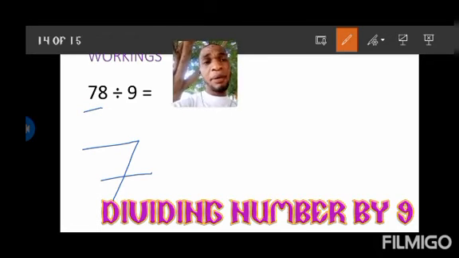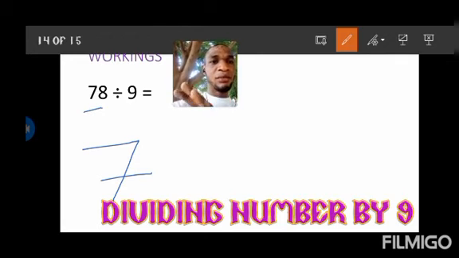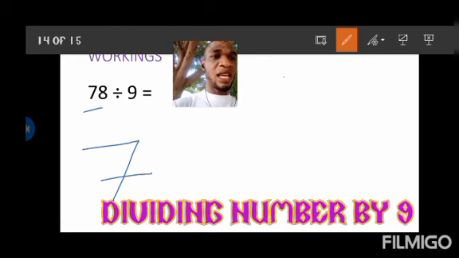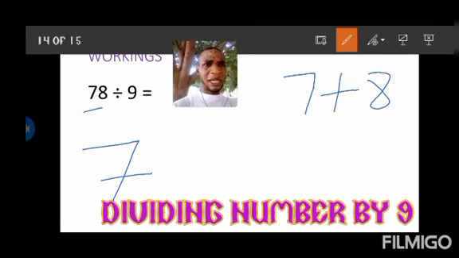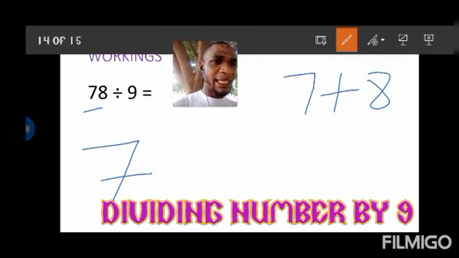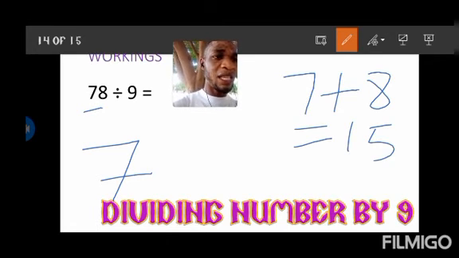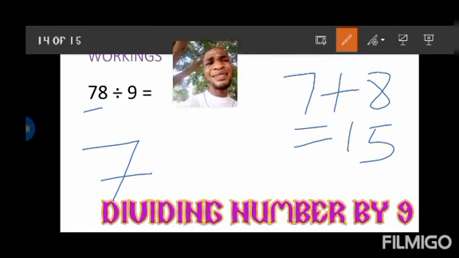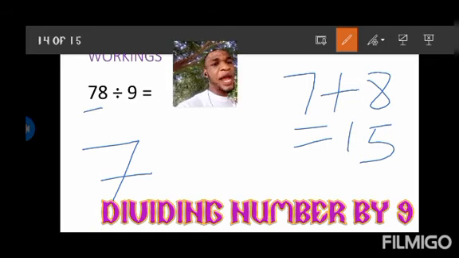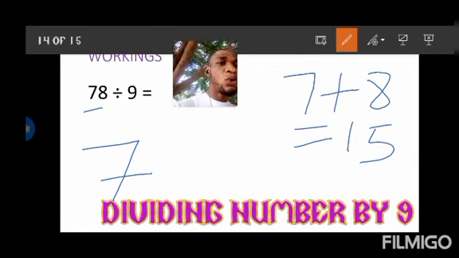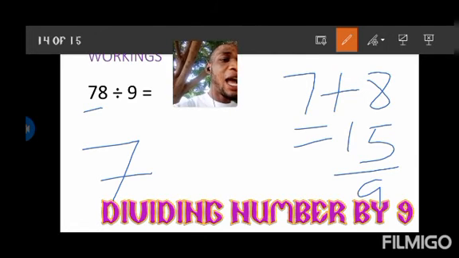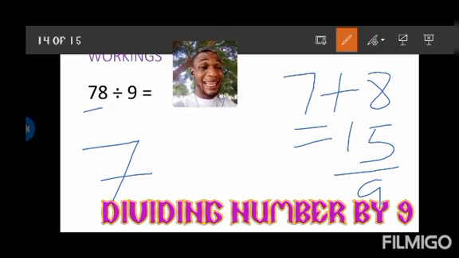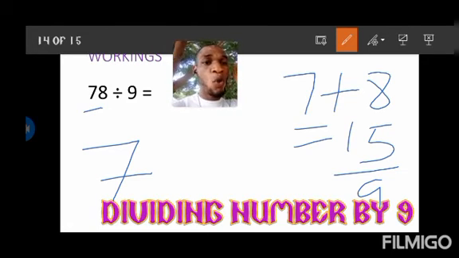Then the next step is 7 plus 8. 7 plus 8 is 15. I know 15 is bigger than 9, so we can't take that as the answer. You can't just write down 15. So we divide it by 9. How many times can 9 go in 15? 1.